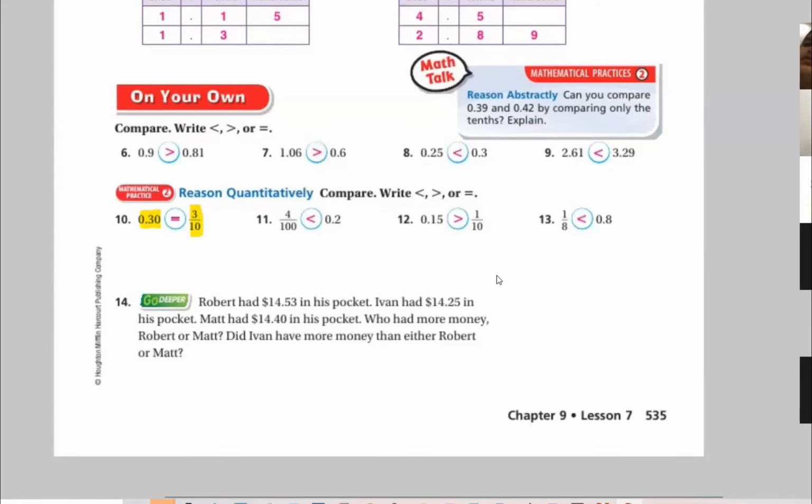So let's see, we have 0.30, put it the same. And we have 3/10. How can we write it in decimal, my Lord? We multiply them by 10. Okay, if you multiply them by 10, it will be 30/100. Still a fraction. I need to write it as a decimal.